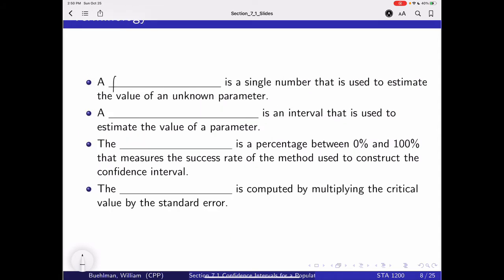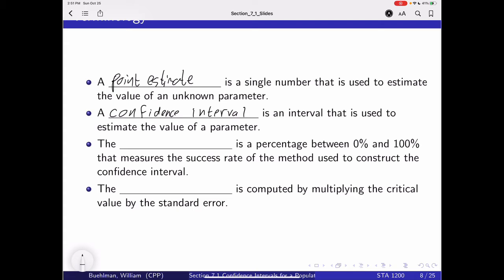A point estimate is a single number that is used to estimate the value of an unknown parameter. A confidence interval is an interval that is used to estimate the value of a parameter.